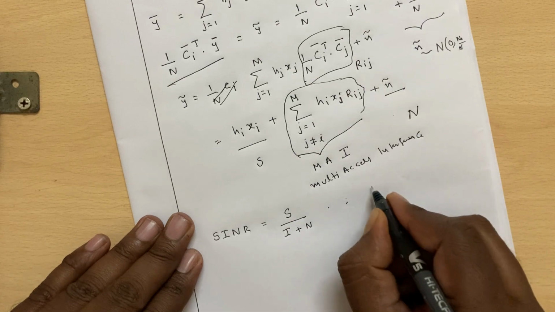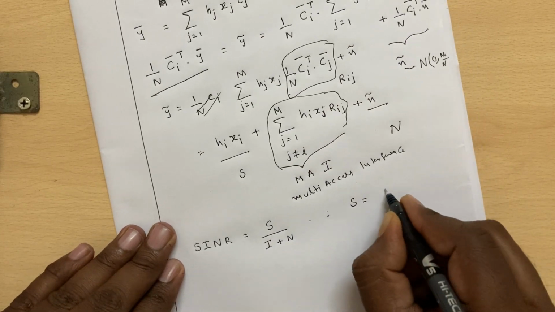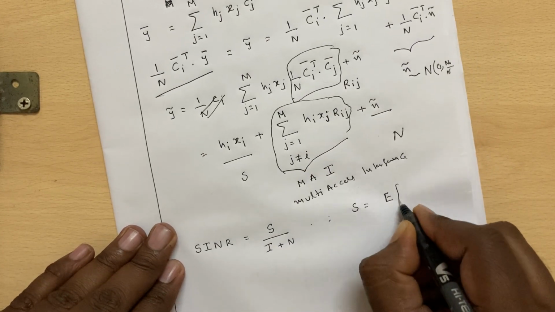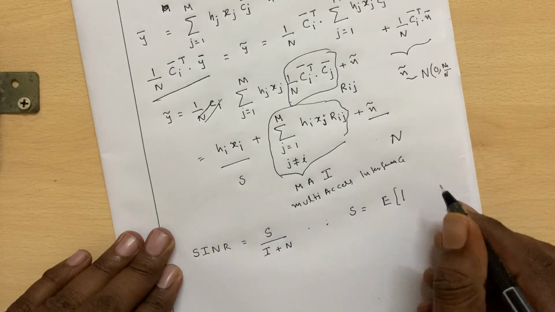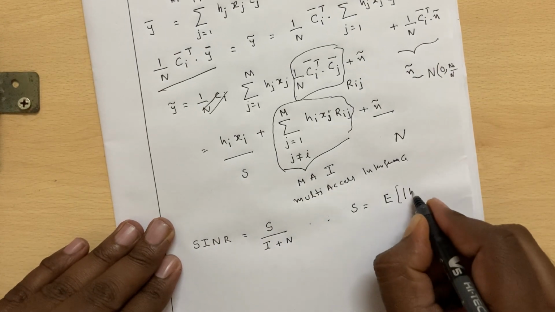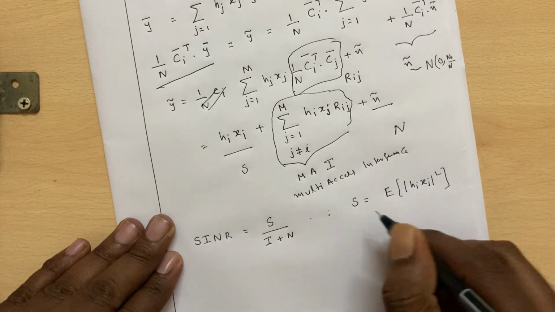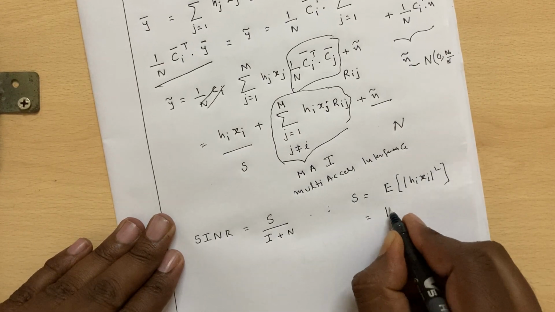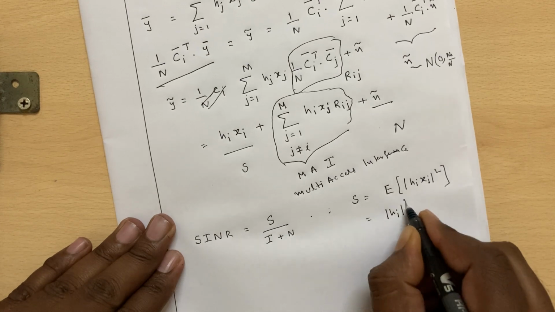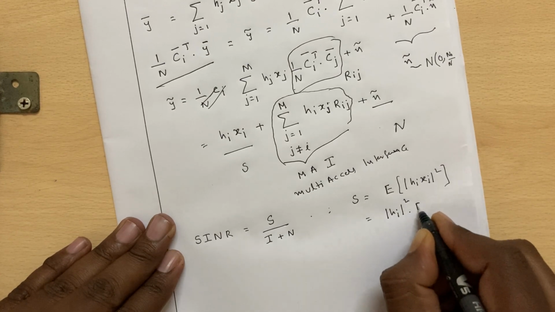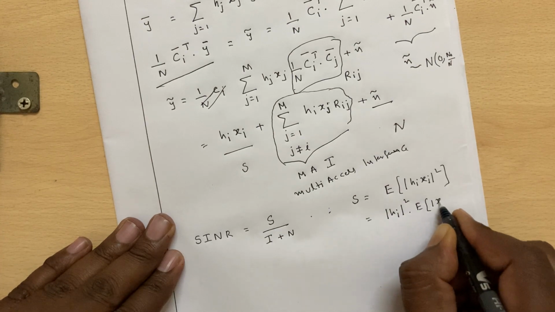So the signal power S is equal to the expectation of the signal component, which is hi into xi, so mod hi xi square. Then the instantaneous signal power is mod hi square into the expectation of mod xi square.